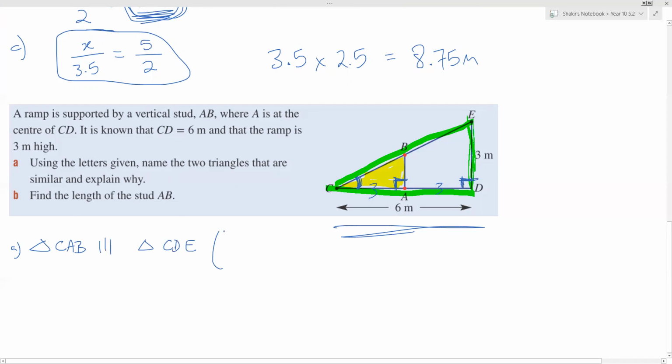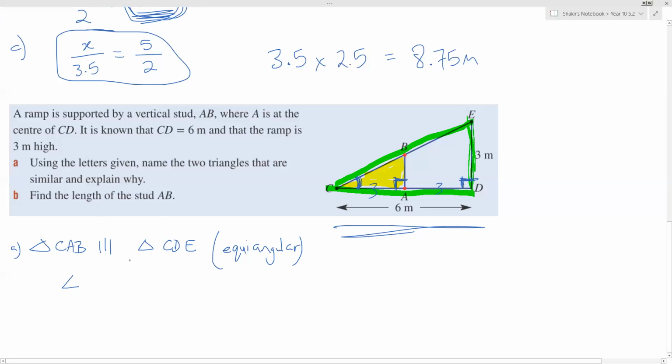And then we can simply write equiangular. And hopefully you can see why they are similar, equiangular. Depending on the wording of the question, in my opinion, part A is done, is fine, we've answered it.